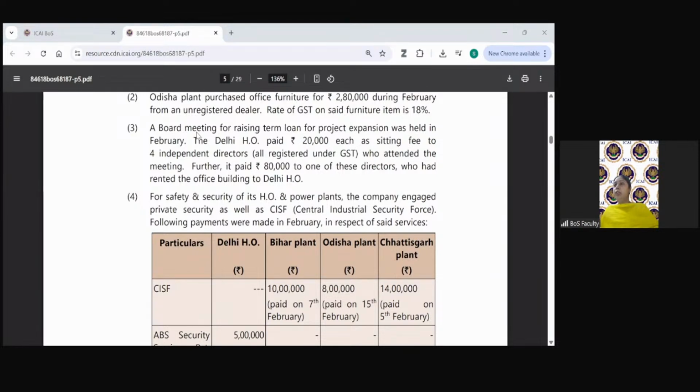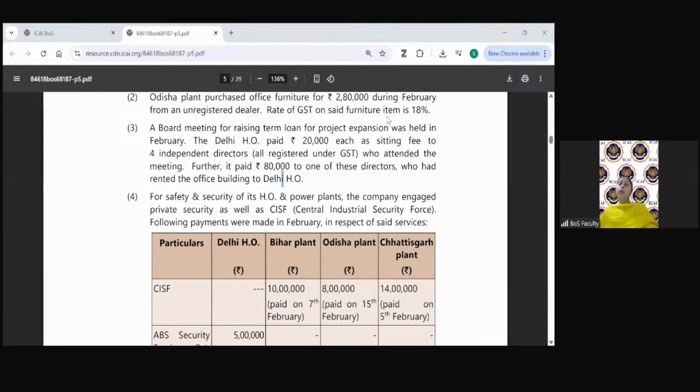Okay, Awadh has also given the reason. Very good, Awadh. Very, very good point. In fact, the catch which this question has, I think all of you have understood. So director sitting fees is there, CISF, Odisha plant.